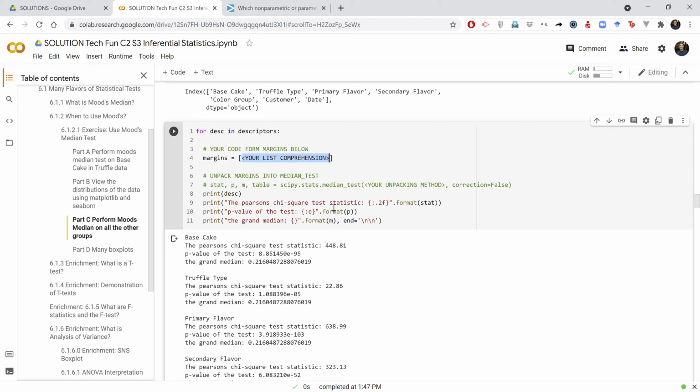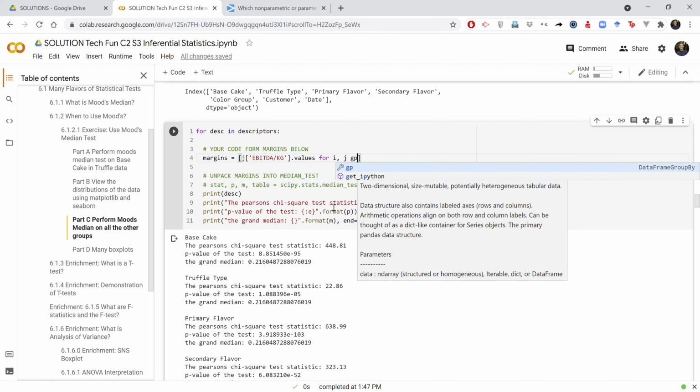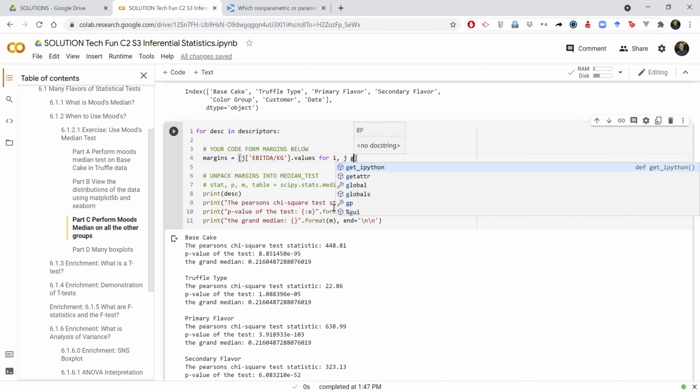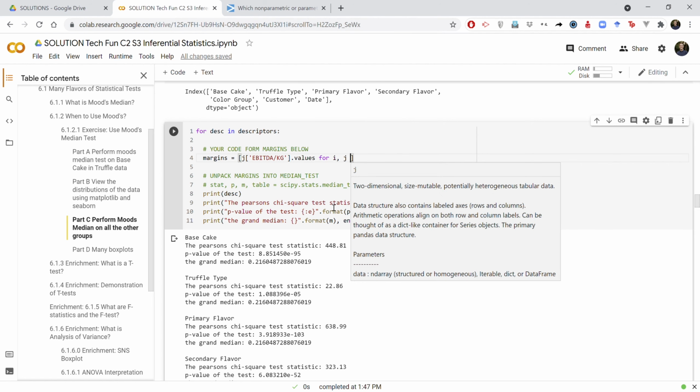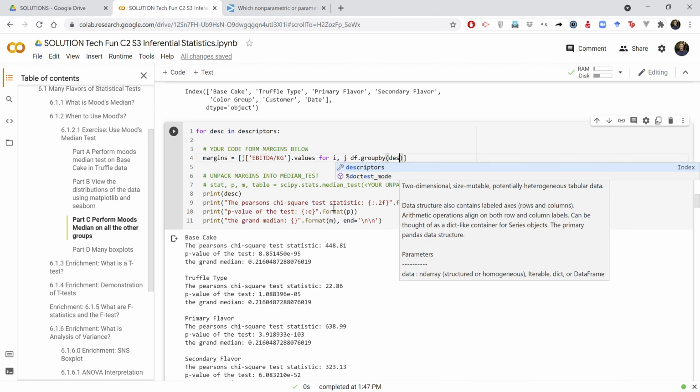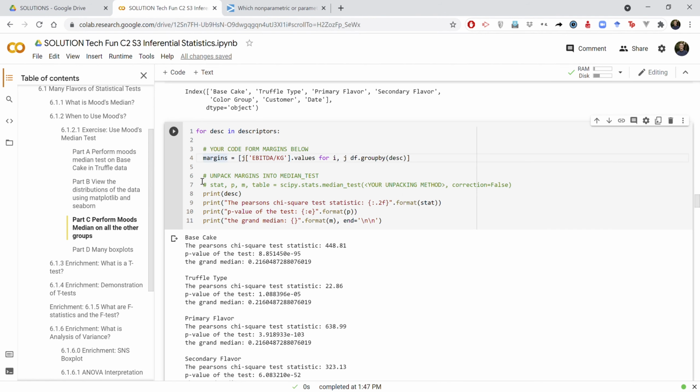Above we did EBITDA per kilogram dot values for i, j in groupby, but we don't want to do groupby anymore. We have to remake the groupby object because we want to group by a different descriptor every time. So I'm going to do df.groupby desc. That should be okay.